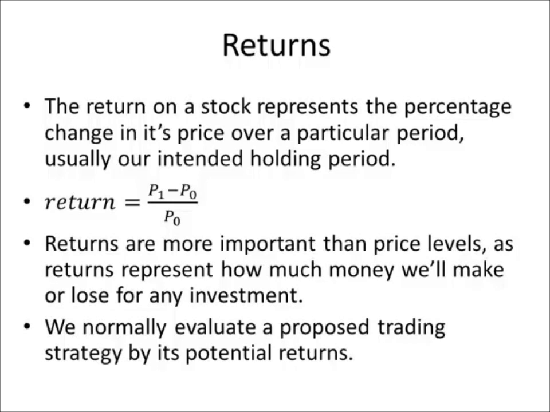So if we're trying to calculate the daily return, we'll take today's price minus yesterday's price. If we're trying to calculate the monthly return, we'll take the price this month minus the price last month. So we take the new price, then subtract the old price, and then divide it by the old price. And this will give us the percentage return.